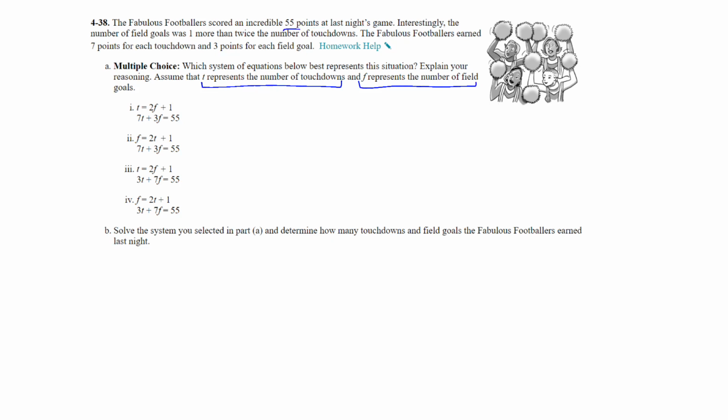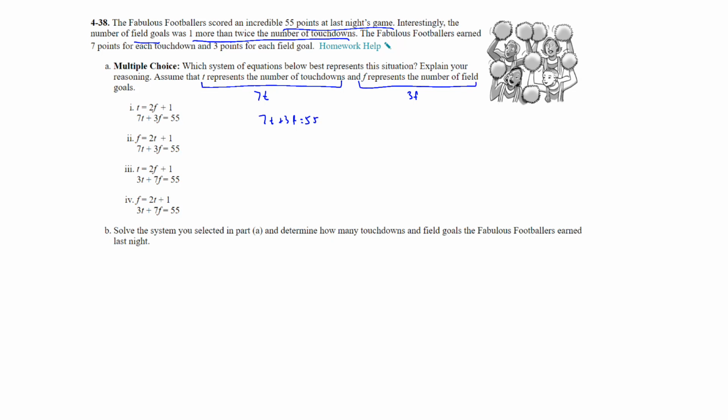So 55 total points. Touchdowns were 7, so 7T for the total points there, and field goals were 3, so 3F. So we should have something about 7T plus 3F equaling a total of 55.